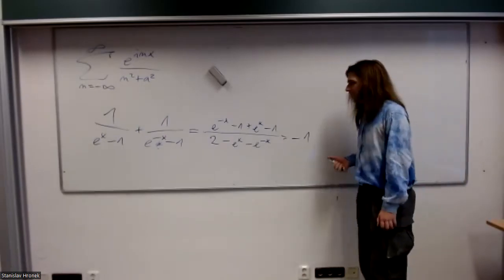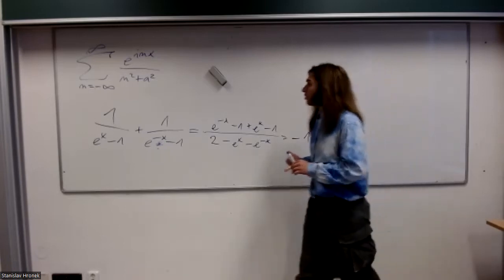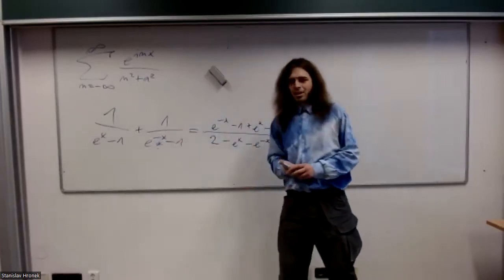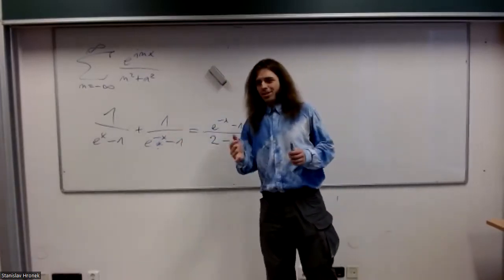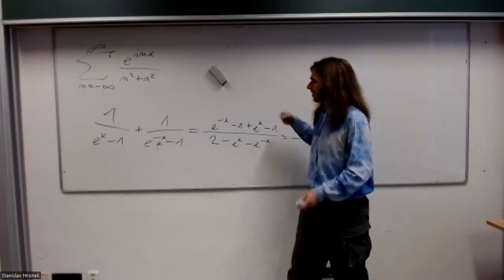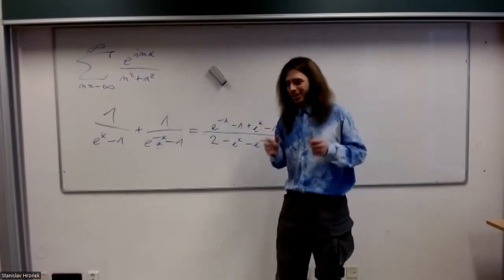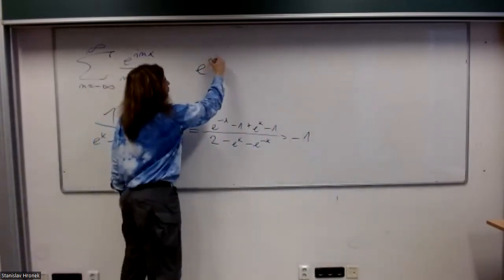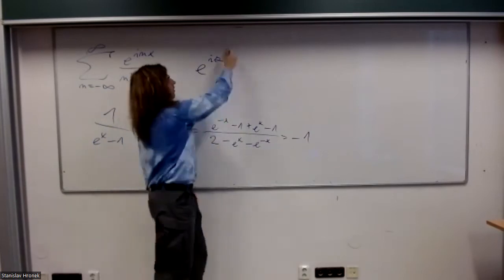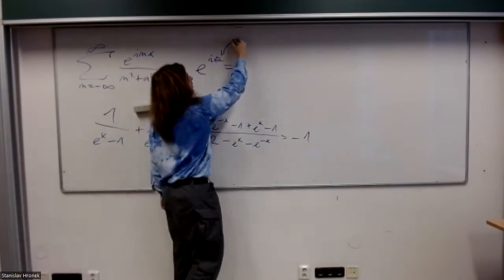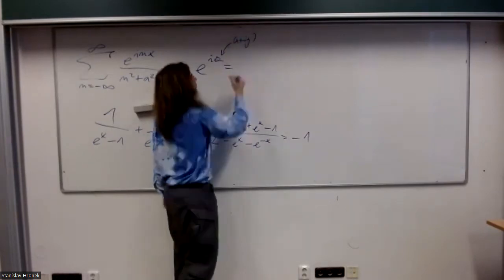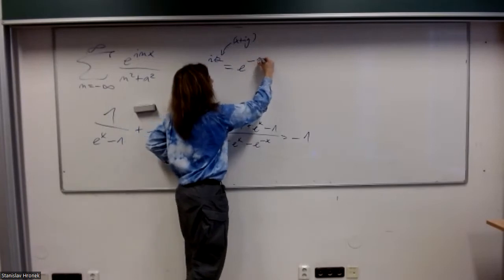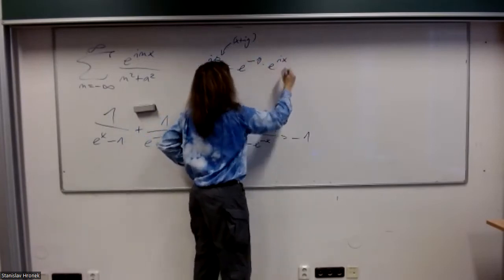And this thing will be of great use, because if we need to handle sums with some sort of exponential, we could just do it in such a way that we just kill the exponential with a stronger exponential, let's say. And of course, we know that if we do e to the iz, then after writing this down as x plus iy, we get that this is e to the minus y times e to the ix.